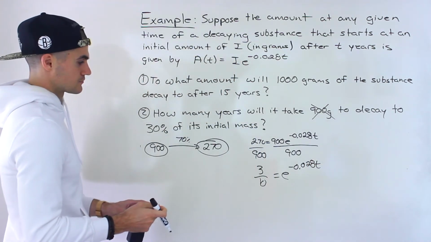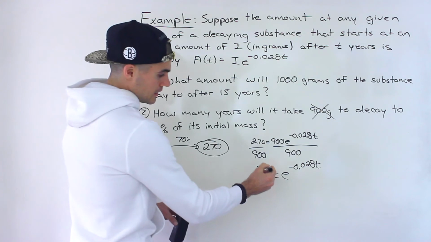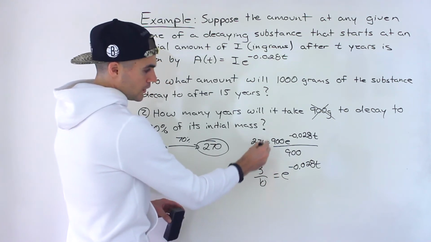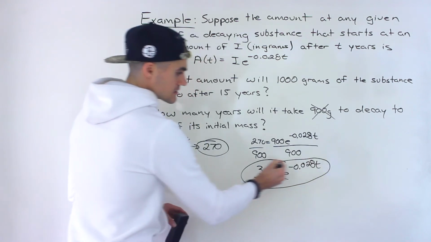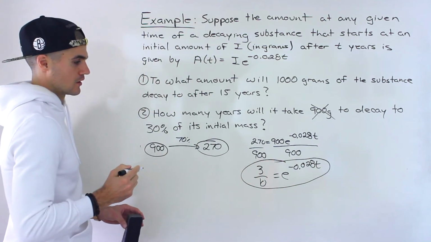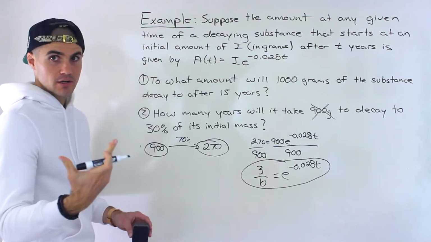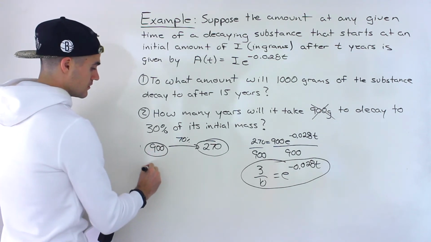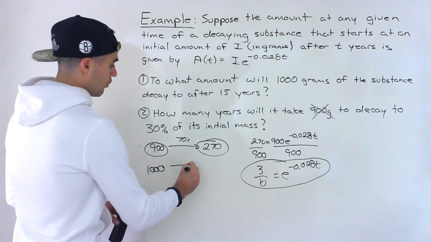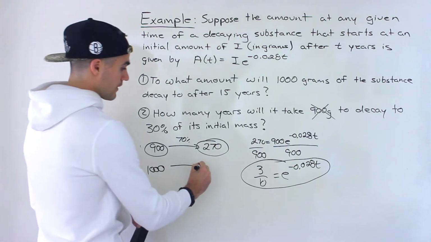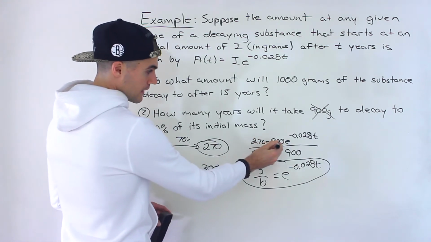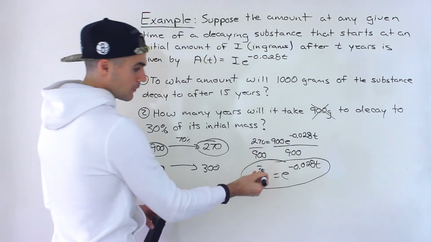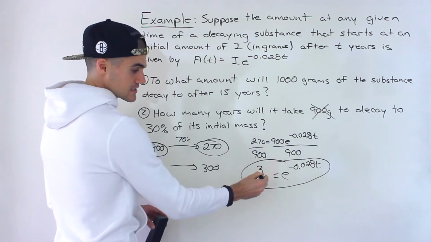And actually, this is a good time to explain. No matter what you use here, you're always going to end up with this equation, right? Because let's say that it started at 1,000 grams. Well, 30% of 1,000 is 300.